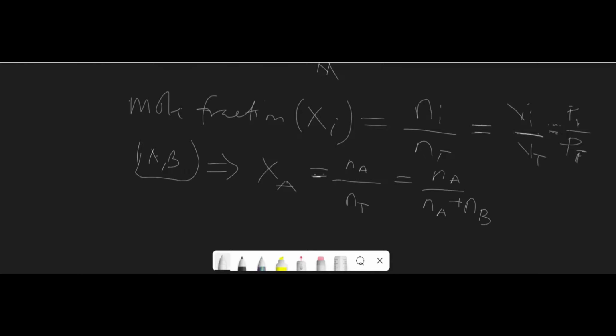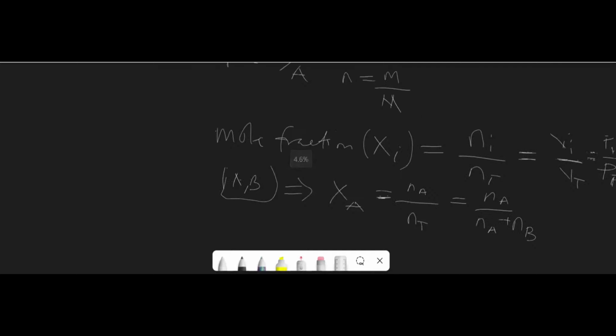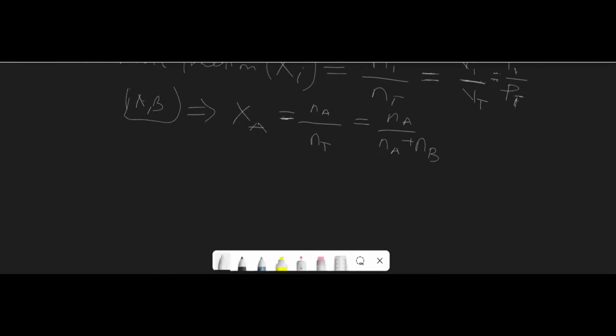So you can have a situation where you are not actually given the moles directly. If you don't have that, what do you do? Maybe you have the mass, and of course you have the element with its molar mass, so you have to calculate the mole. And at the same time, the mole fractions of each and every individual gas always add up to unity.